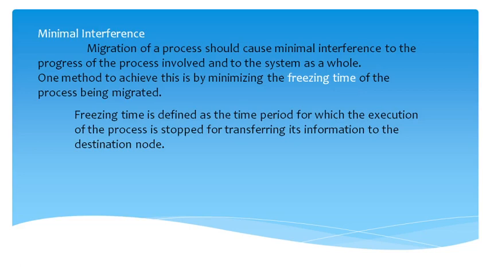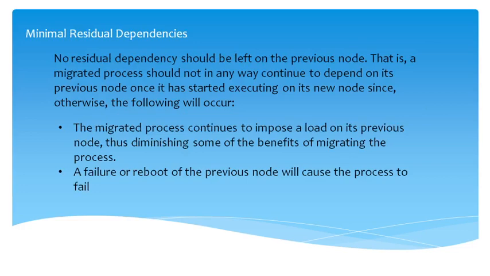And the next is minimal residue dependencies. Residue is what is left over: out of the whole, if a small part is left over, it is called residue. Minimal residue dependencies means this dependency also should not be there on the previous node.